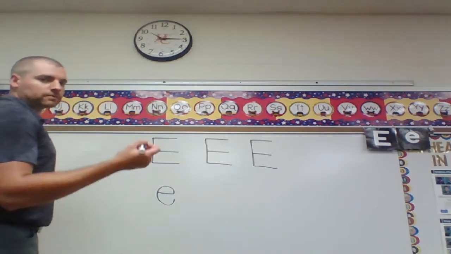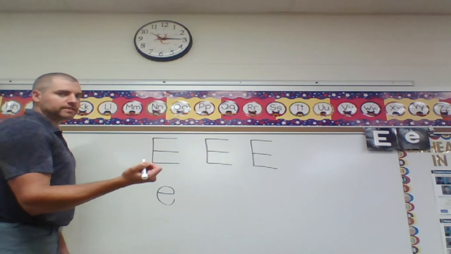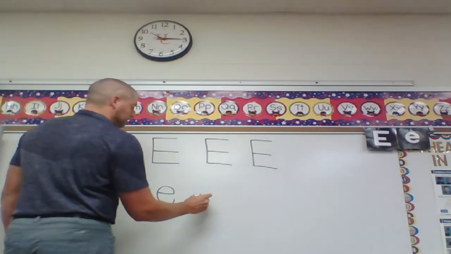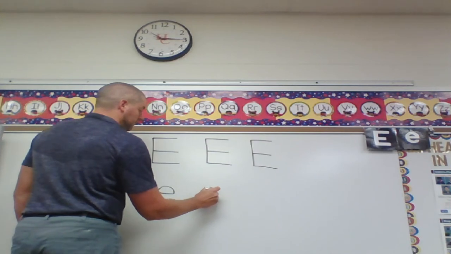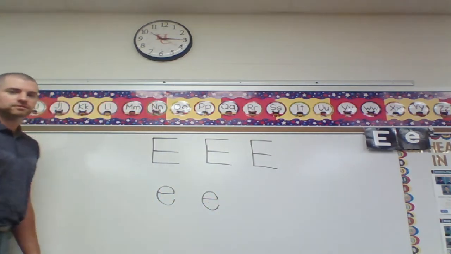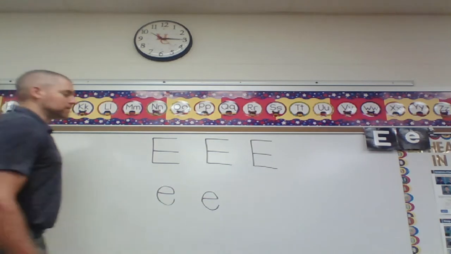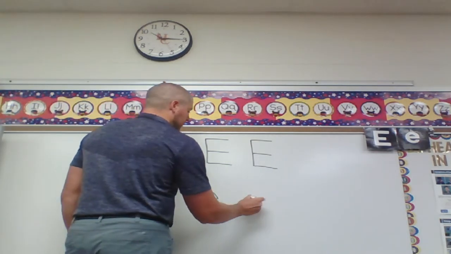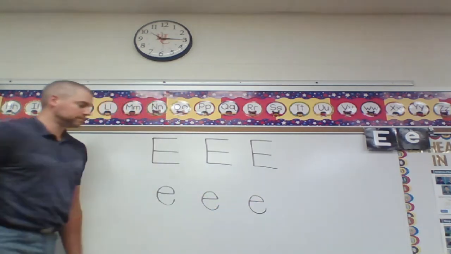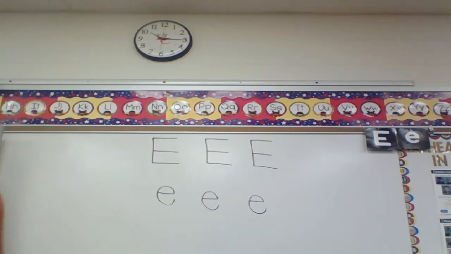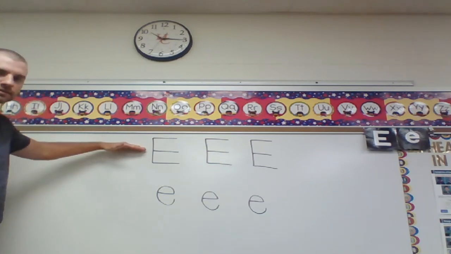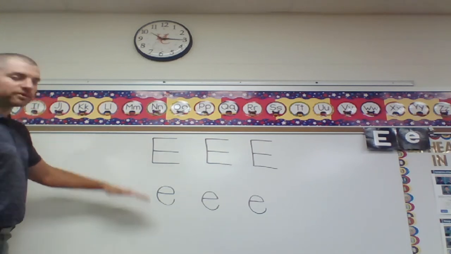So after we start making our lowercase e, we don't pick up our pencil at all. It's across the middle, and then a loop all the way around and leave a little space. Watch me make one more. Across the middle, loop around, leave a little space.